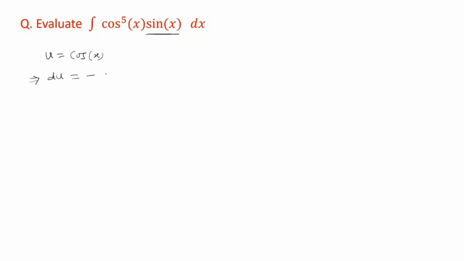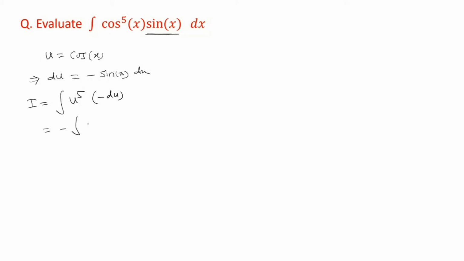This gives you du equal to minus sine x dx. Now my integration I can write as cosine to the power 5, so it is u to the power 5, sin x dx is minus du.